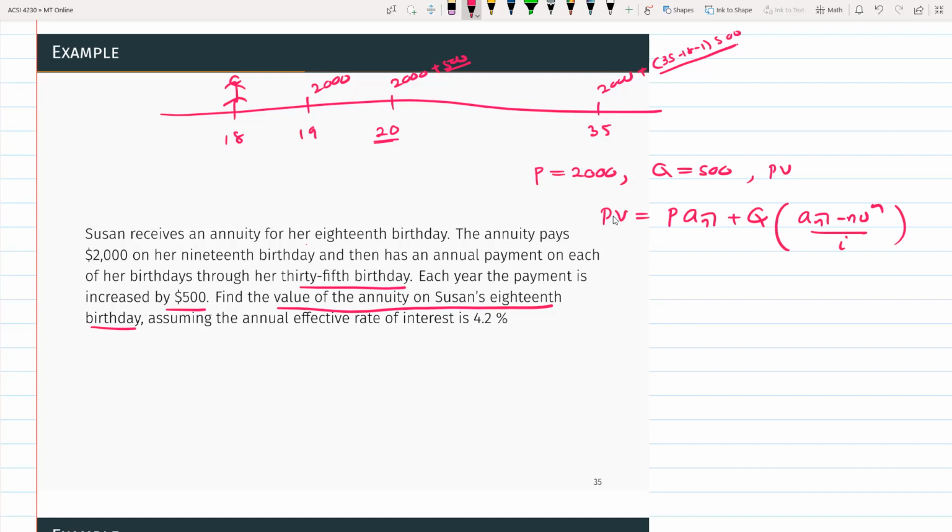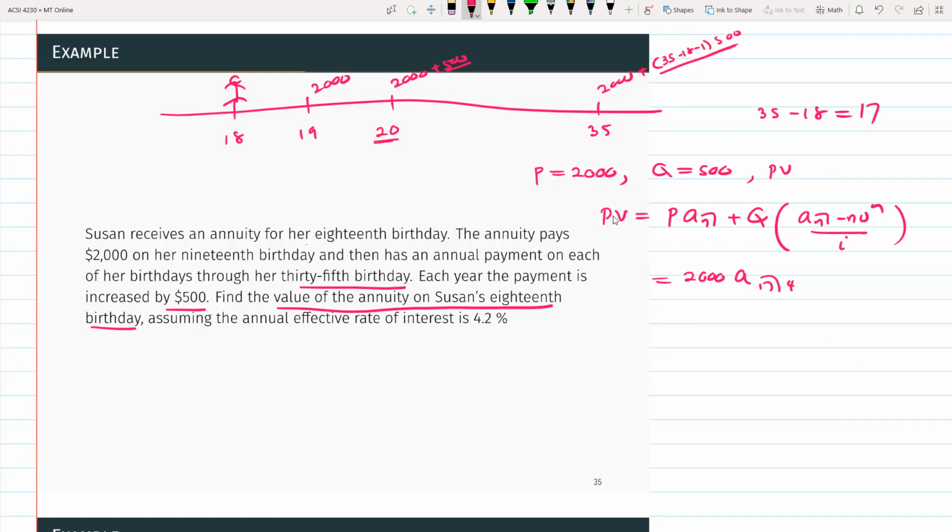Next thing you need to substitute the value. So P is 2000. And what's the N? N is going to be 35 minus 18, which is, let's see, SOA calculator, it is 17.